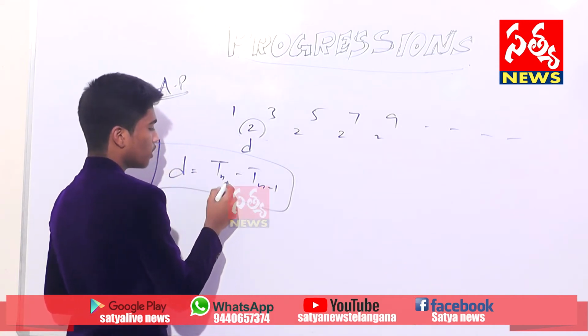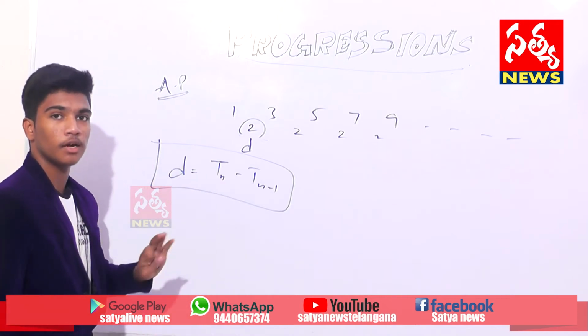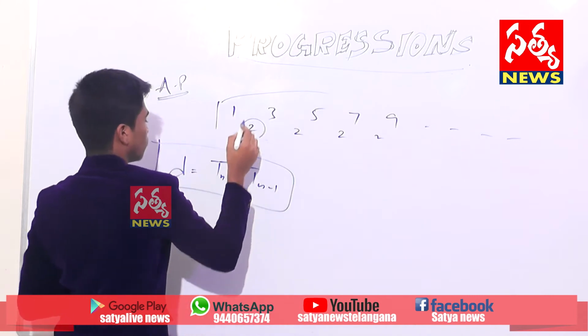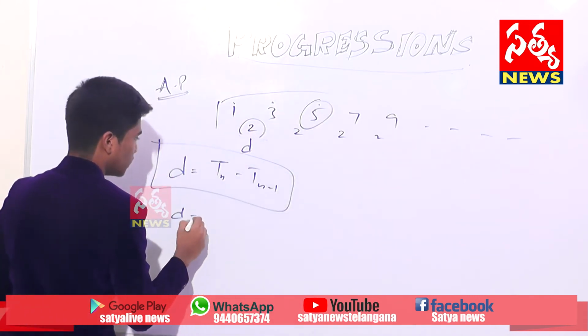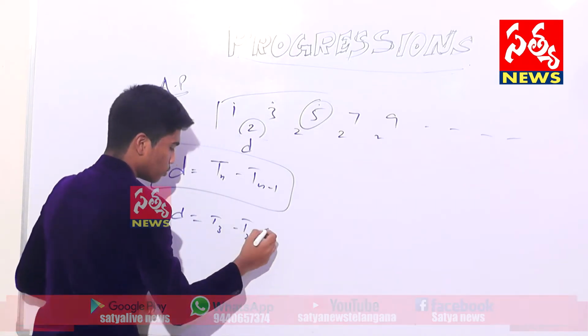Let's take n as 3. 3 means the third term. Let's take this as an example. D is equal to T3 minus T2.